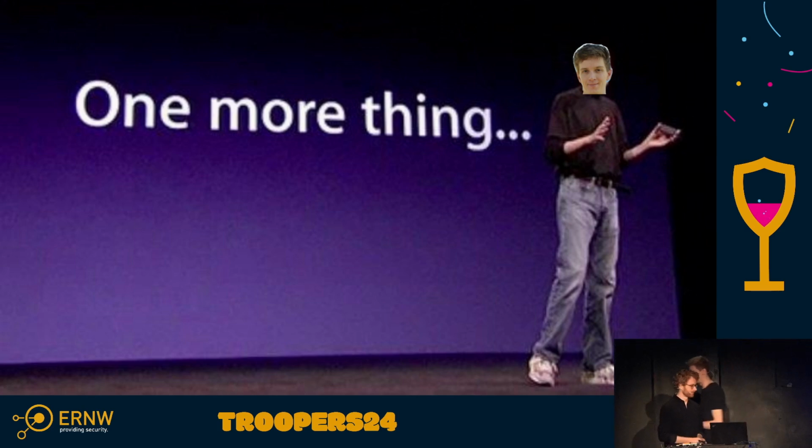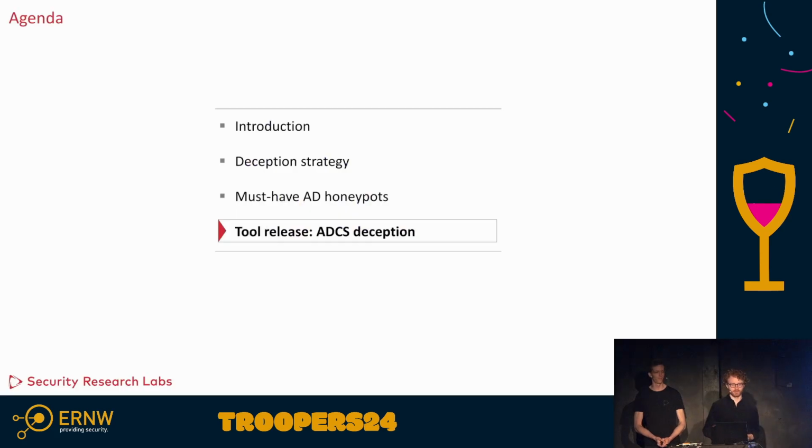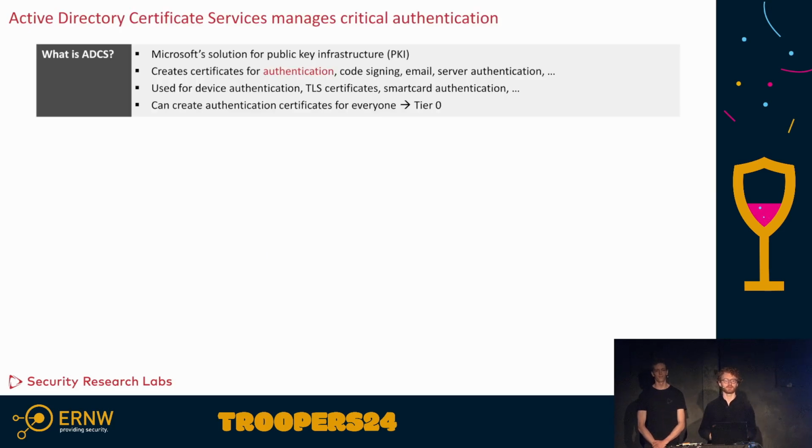But even though that list is already quite nice, there was one type of honeypot that we think would catch attackers very reliably and that we always wanted to build. So for this one, let me give you a brief introduction to ADCS, Active Directory Certificate Services.